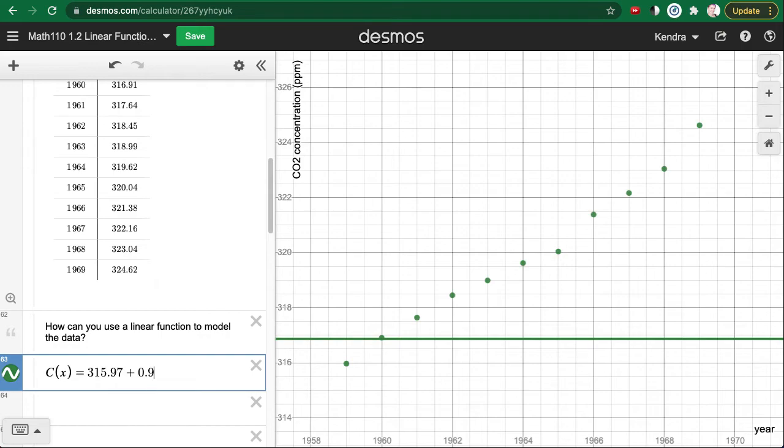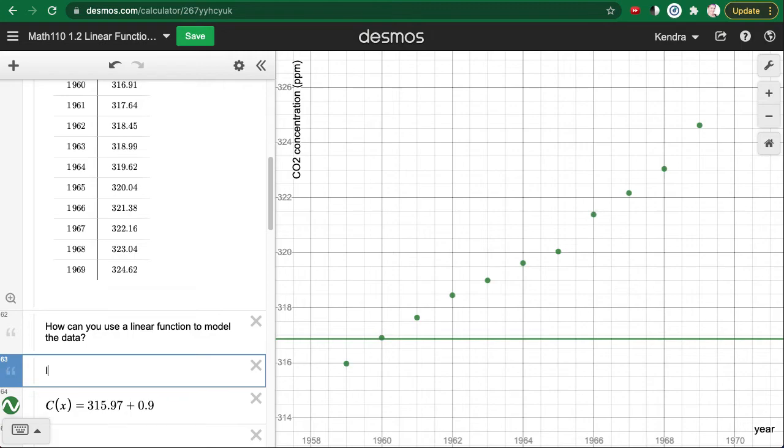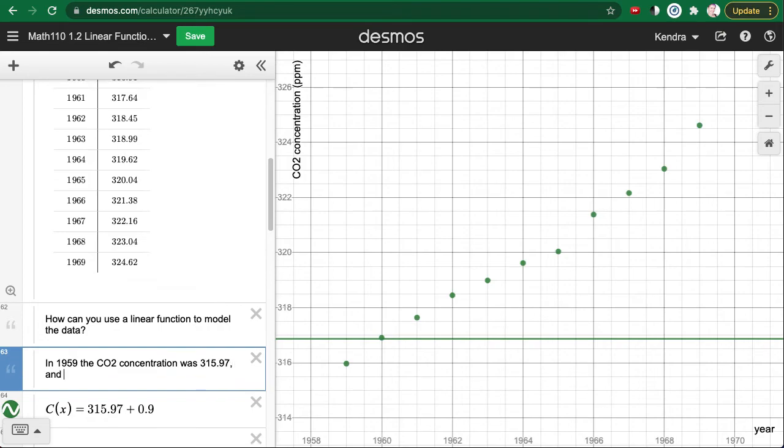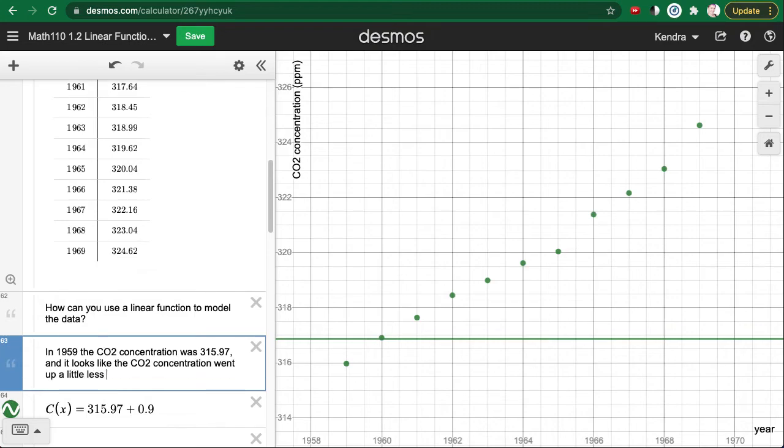Sorry, let's actually write this. In 1959, the CO2 concentration was 315.97, and it looks like the CO2 concentration went up a little less than 1 part per million per year.